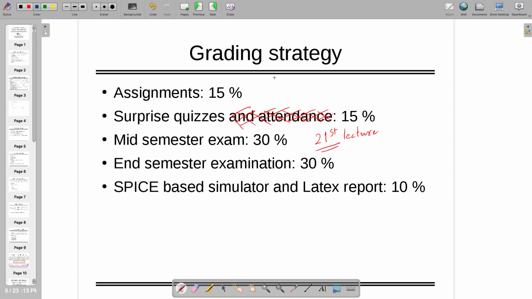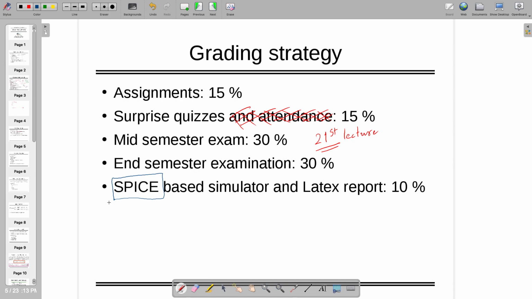There is something called SPICE. You must have heard somewhere. IC161, okay, you heard. Did you do some experiment with SPICE or not? Okay, you just heard the word.